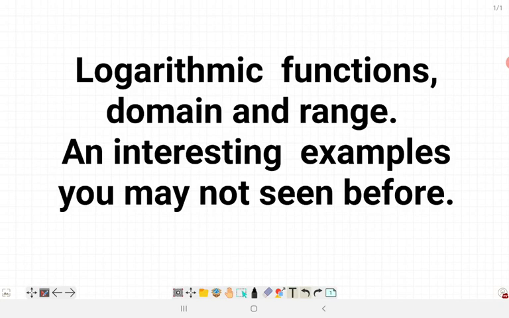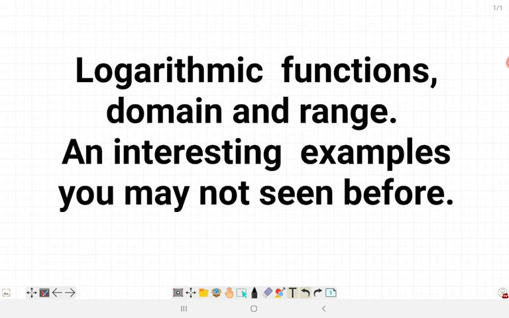So today, again, in this section we want to look at logarithmic functions, domain and range.